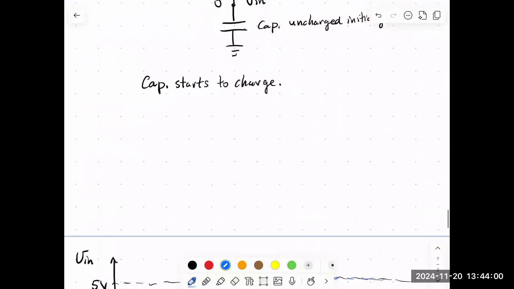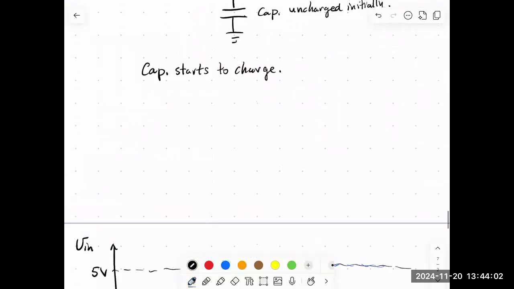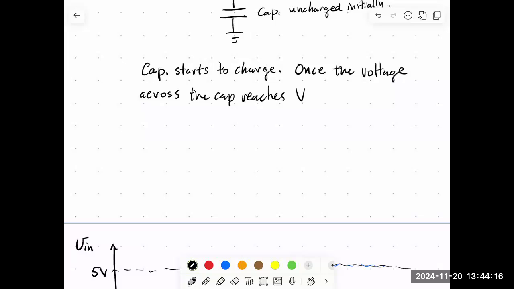Okay, so capacitor starts to charge, once the voltage across the capacitor reaches V2, the output transitions from high to low.